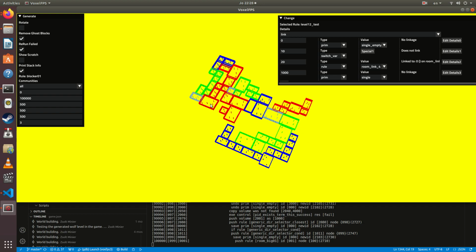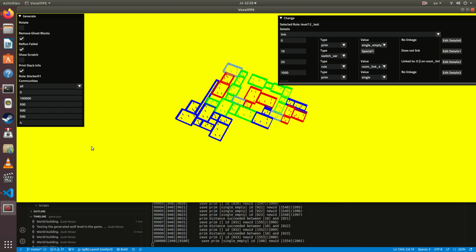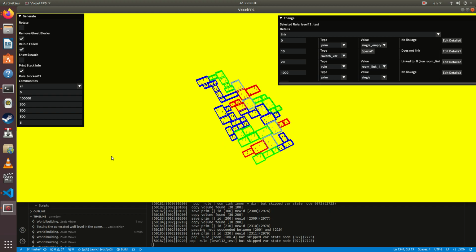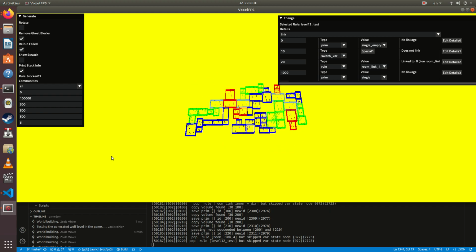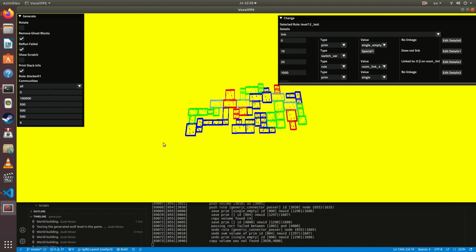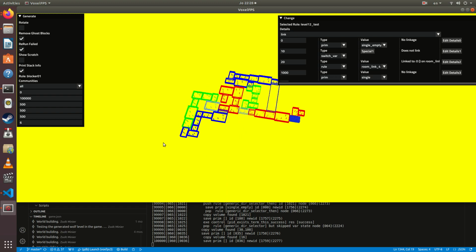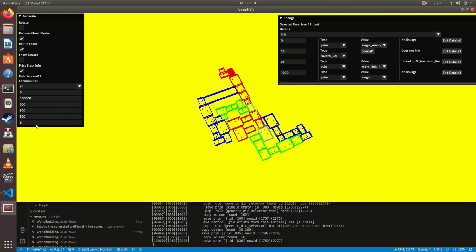You could kind of say that I did the most complicated rectangle packing algorithm that is there, and you wouldn't be very far from the truth, but I hope that when I start to replace the rectangles with some more interesting rooms, it will look much better. But right now these are just rectangle levels.